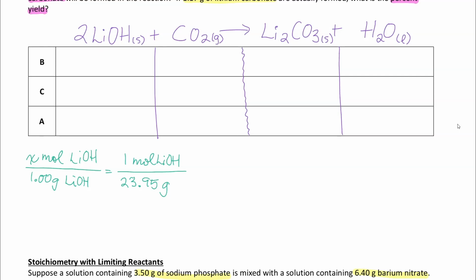I want to keep what I would say is a reasonable number of significant figures. I think 4 or 5 is a pretty good number in a table like this. So I'm going to take it to 4, I think, is what I did. I did 4. This should be 0.04175 moles. Okay, so now that I have that, I'm going to put it in my table.